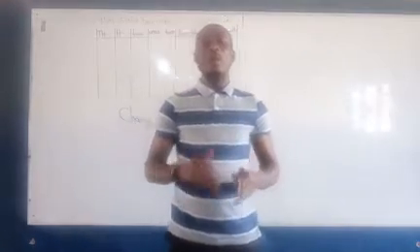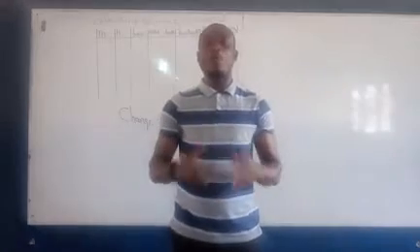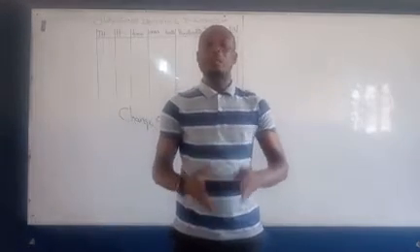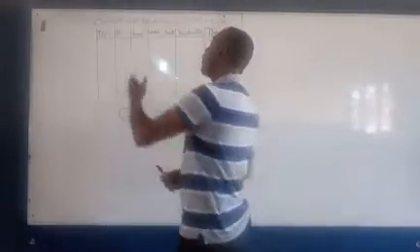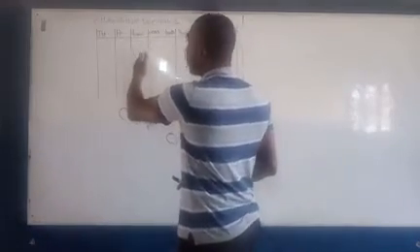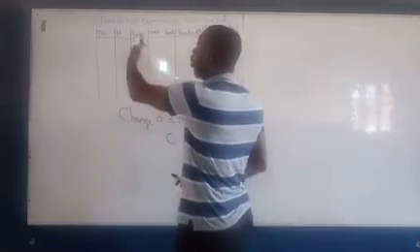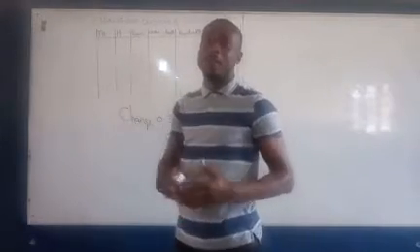So today we are going to use the chart form to convert decimals back to fractions. So look at the chart carefully. On the left hand side of the chart, we are going to put our whole numbers or the non-decimal values.